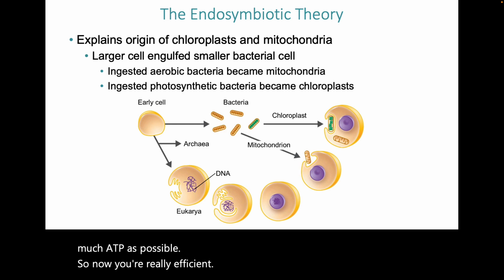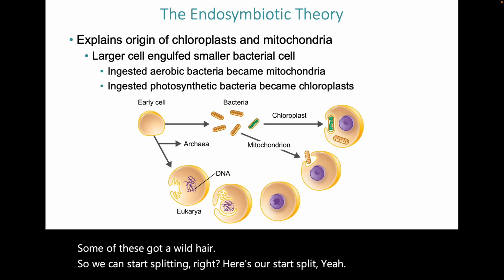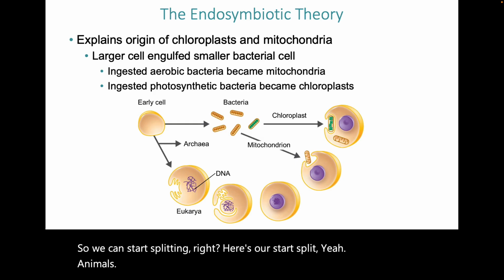And then some of these got a wild hair. So we can start splitting, right? Here's our, start splitting out here. Animals, right? And over here, we'll go like that. One of these bad boys was like, yes.